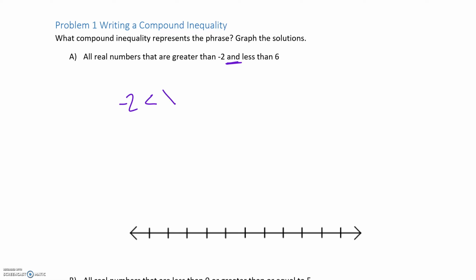So we have x is less than 6. If we look at this in a different way, we can have x is greater than -2 and x is less than 6. Okay, so when we put that together, it's going to be this one sentence right here.